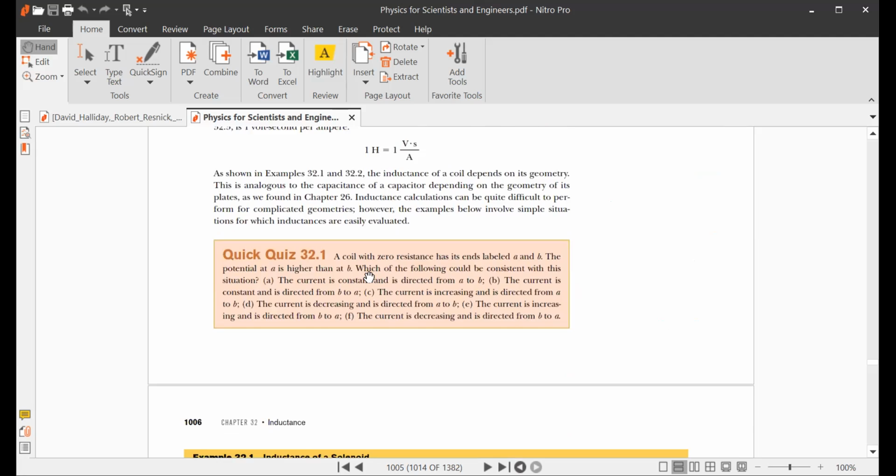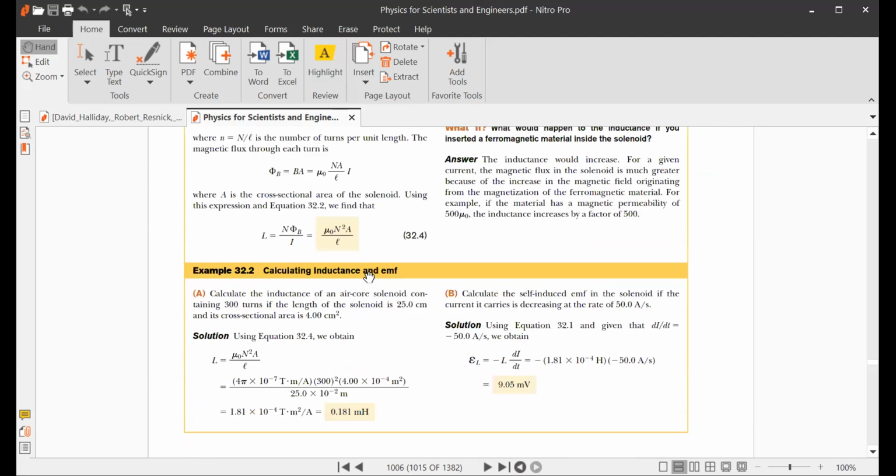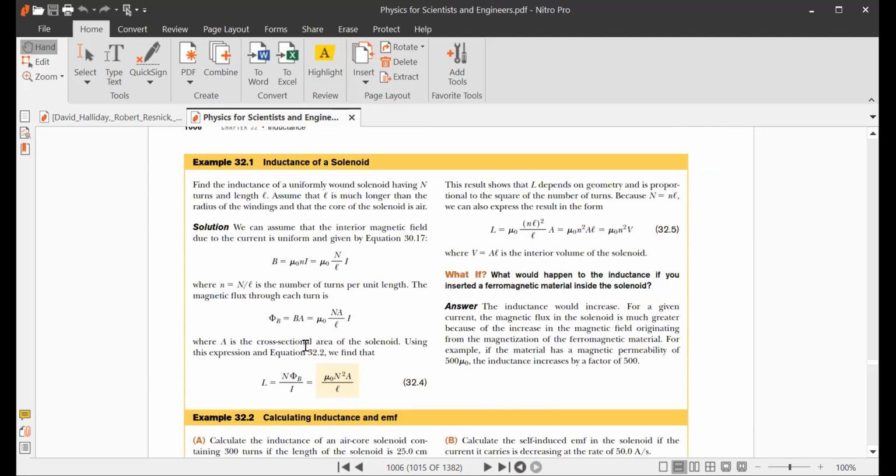If there is additional material, for example conducting metal, then this mu 0 is replaced by mu.